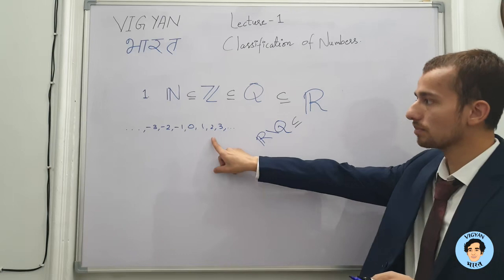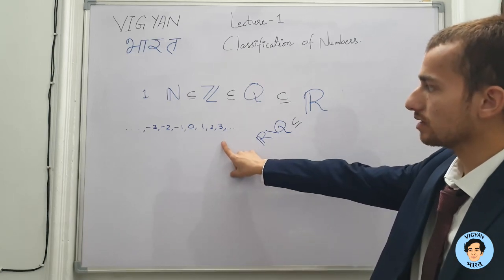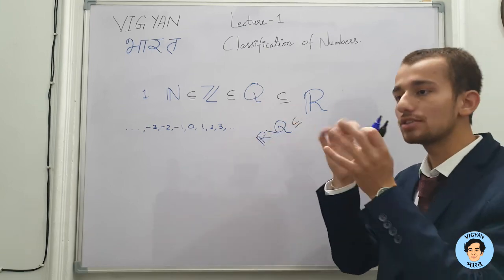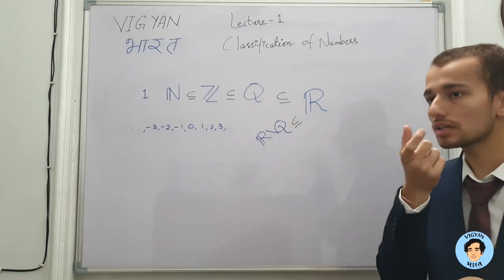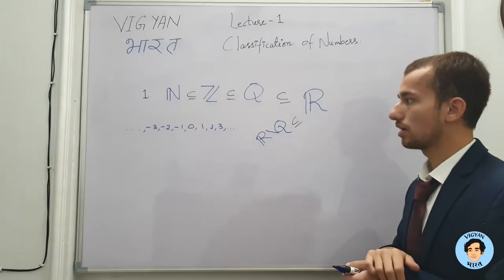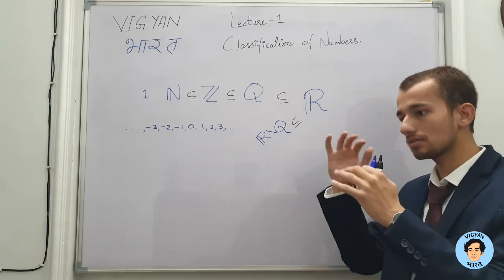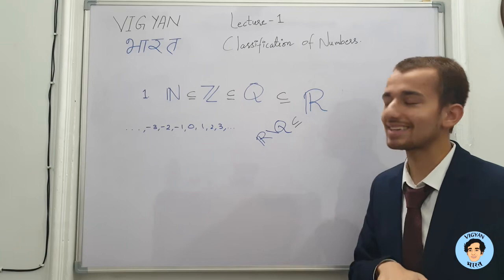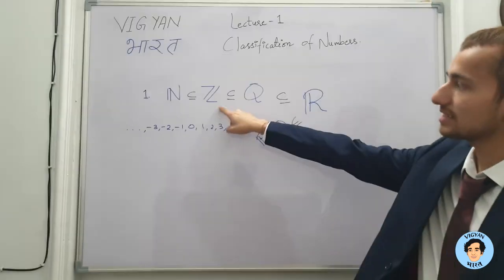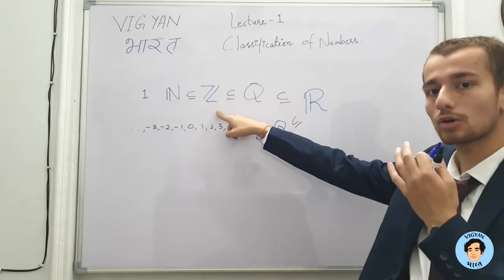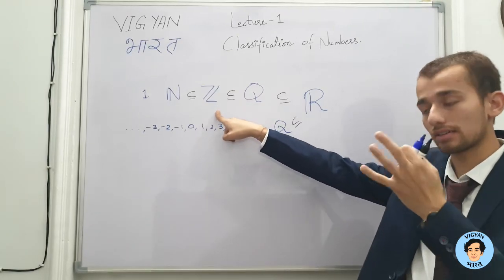So this new list of numbers is nothing but the collection of integers. Every time I use the word collection, that's because it is well defined. Collection means, you know very well, I don't need to explain. So this Z, a German word, you can cross-check that.